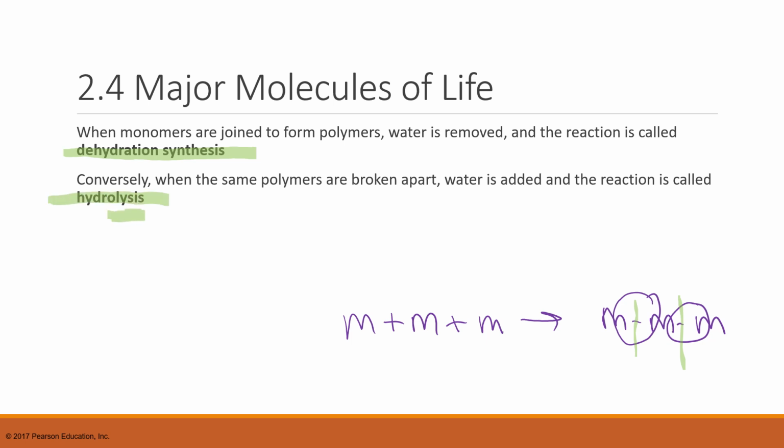The lysis part of the word there means to break apart. So that's using water to break apart. So those two reactions, dehydration synthesis and hydrolysis, are common reactions in making all of our biological molecules, making carbohydrates, fats, proteins, and in breaking them down.